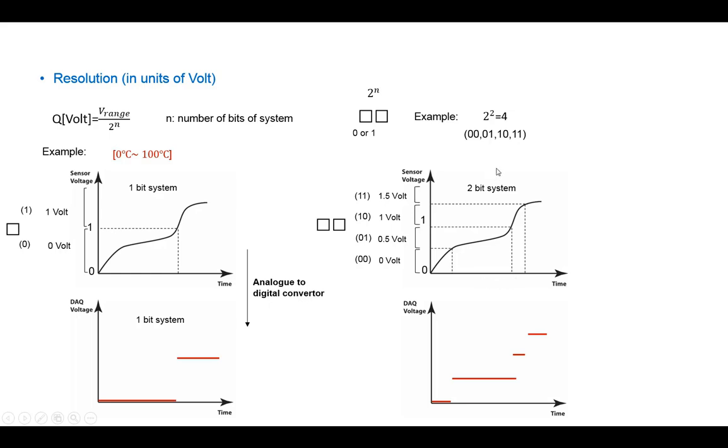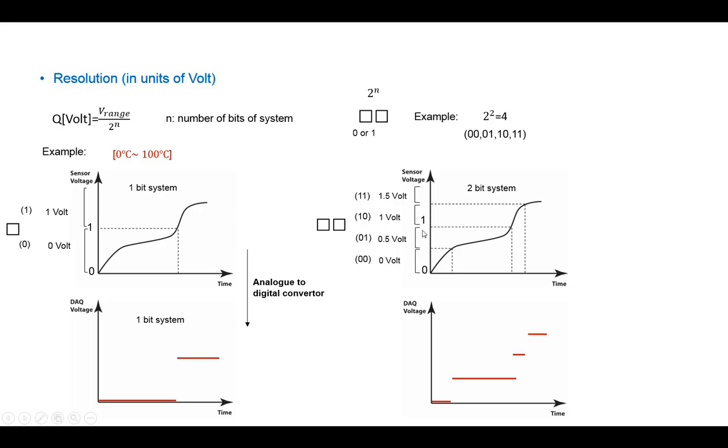What happens if I increase the number of bits of my system? With 2 bits, I have 4 different combinations, and these are the combinations. If the voltage is between 0 and 0.5, I show it with the first combination and consider that as 0 volt.